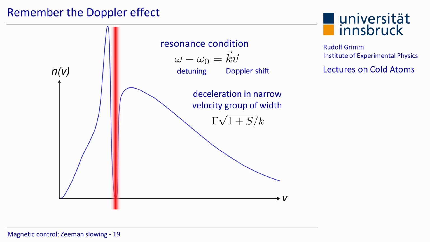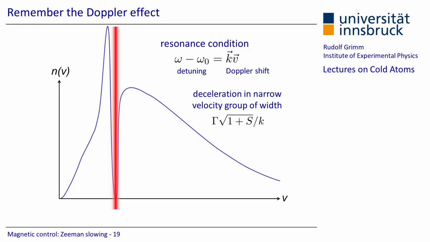Because of the Doppler effect, the scattering force only acts on a narrow velocity subclass, which is typically the width of this distribution divided by 100. In this velocity distribution, it produces a hole, decelerates the atoms downwards, and then they get out of resonance and pile up in a narrow peak there.